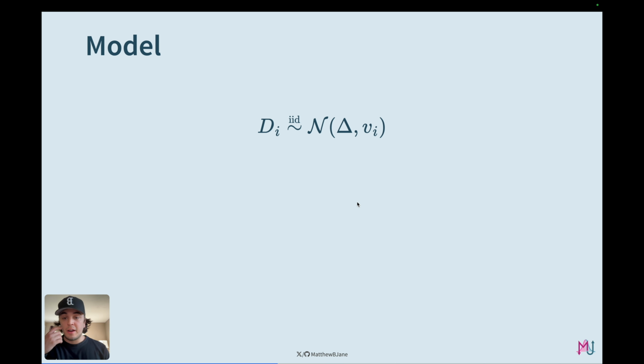This would indicate that the distribution of observed effect sizes is also independently and identically distributed as a normal distribution with a mean of the true effect size and a variance v_i. So you can have a different sampling variance for each study.